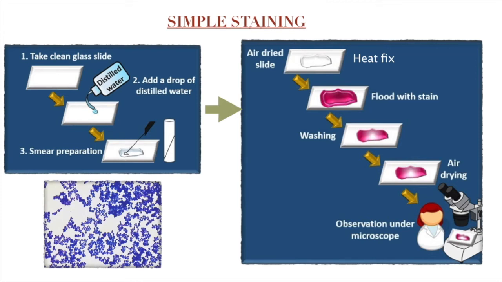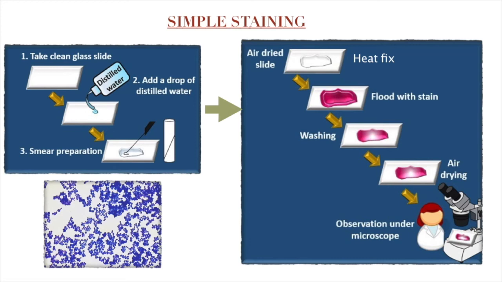For heat fixing, you have to pass the microscopic slide through the flame. After heat fixing, flood the slide with methylene blue, crystal violet or carbolfuchsin and wait for the required time, okay. After 1 or 2 minutes or 15 to 30 seconds, wash the slide with tap water. After washing, air dry the slide and observe the microorganisms under the microscope.